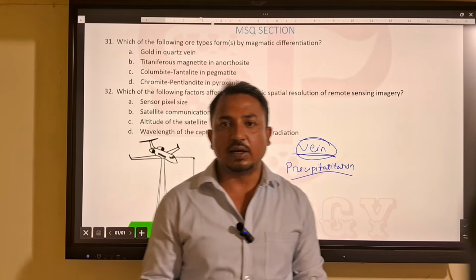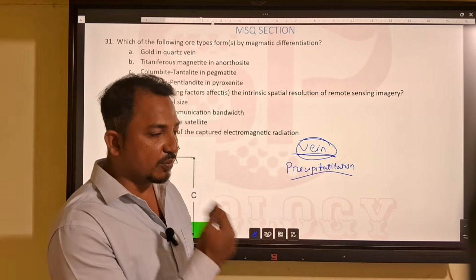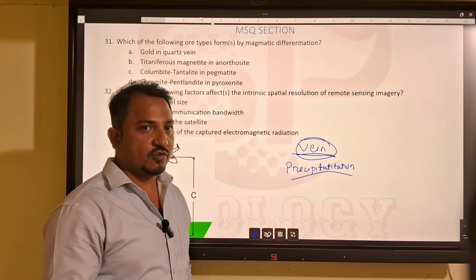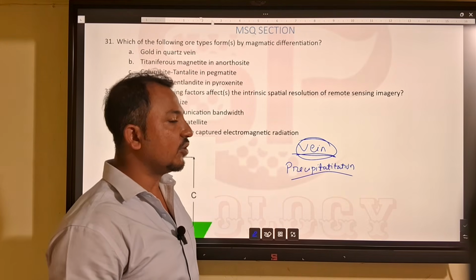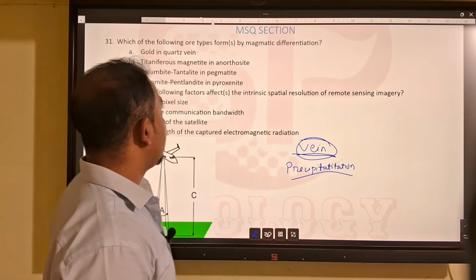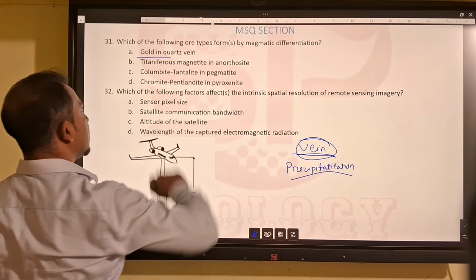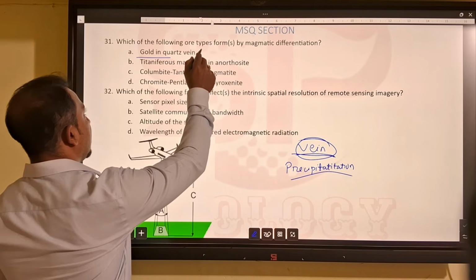When the temperature of a hydrothermal solution decreases, it deposits along a narrow or elongate fracture. That fracture is filled with economic mineral. That deposition is called a vein and it belongs to hydrothermal. That means gold deposition in a quartz vein will be considered hydrothermal. That means this option is incorrect.